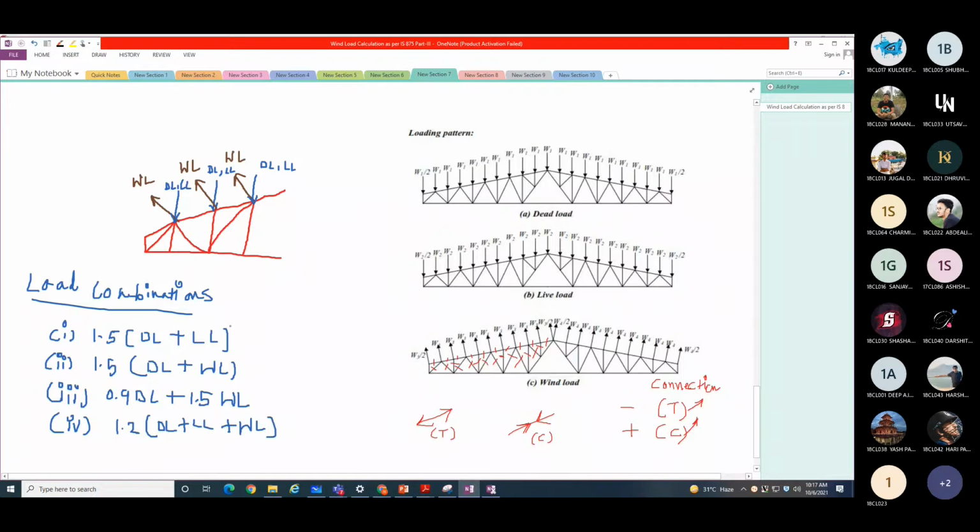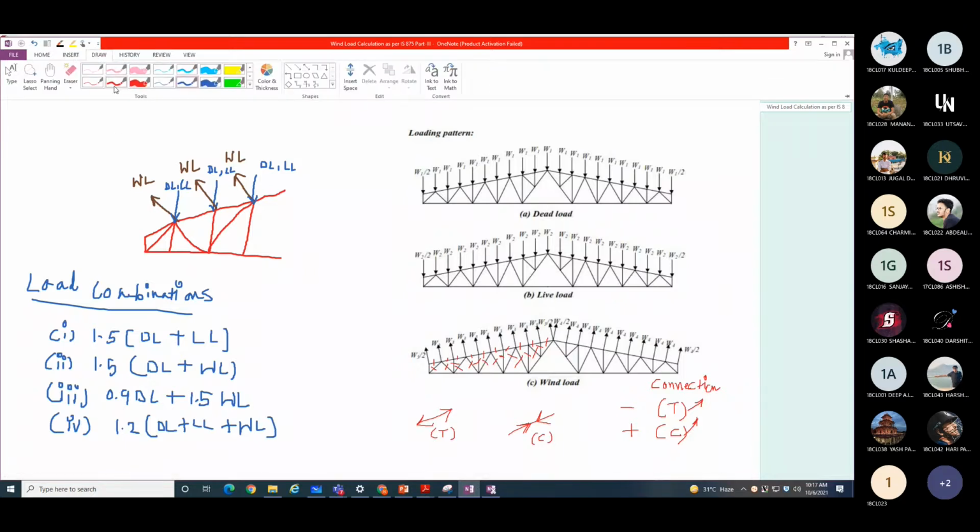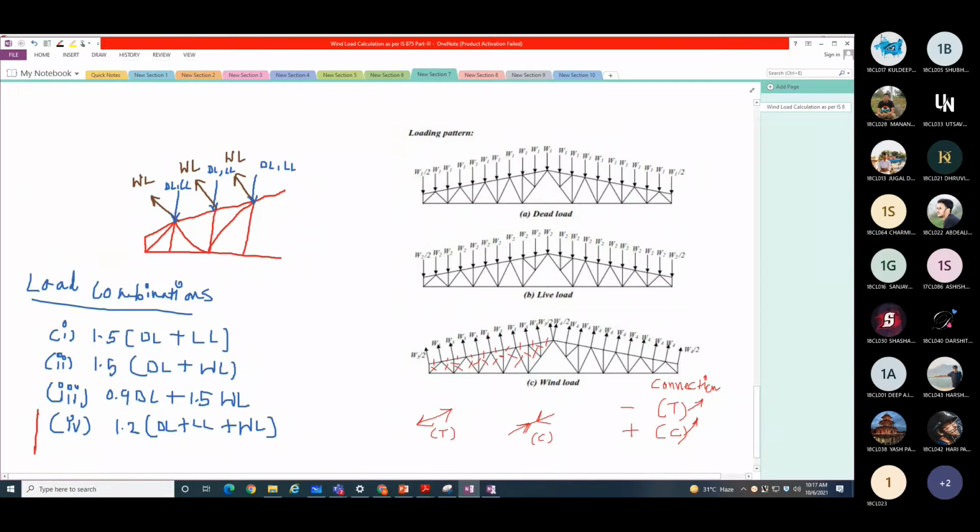Right. Now among all these four, the fourth combination will not give the maximum result or maximum stresses compared with these three, because the dead load and live load are vertically downward, right, and here the wind load is perpendicular to it. So this combination will not give that much stress.